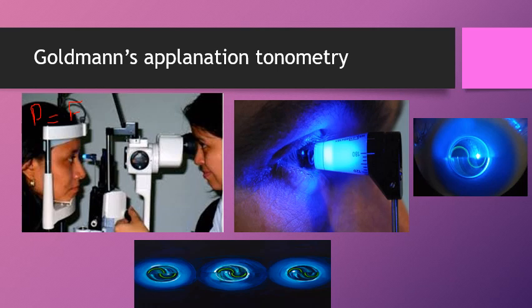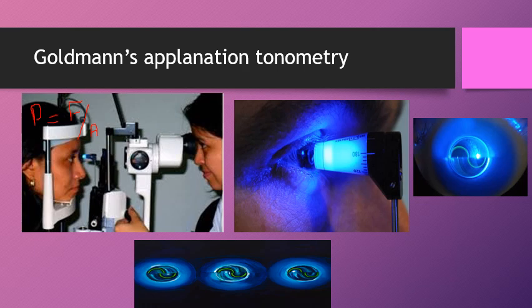The prism applanates a corneal area of around 3.06 millimeters. For the procedure, first we take consent from the patient and explain the procedure.